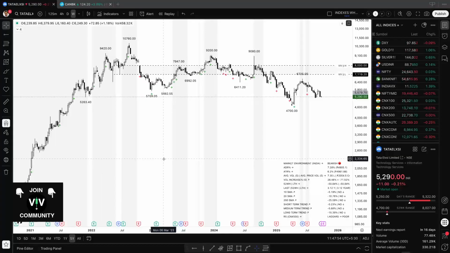But if the probability is less, there is a chance that we may lose money also. So the purpose of VIV is to increase the probability. We don't say that this is 100%. Nothing is 100% in the market, but you can always work on increasing the probabilities.